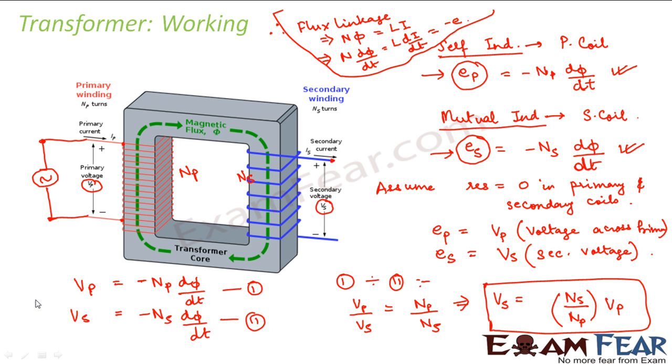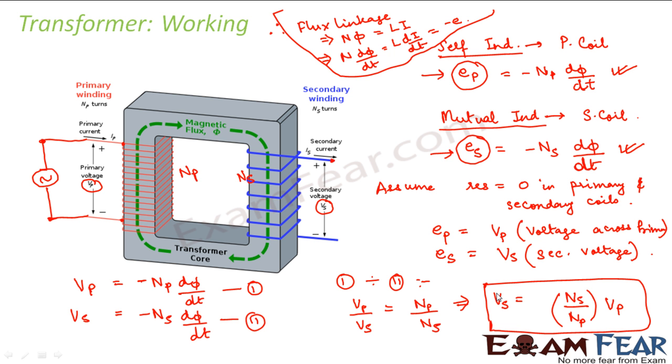Now, one important thing to be noted here is that the power at the input end remains the same as the power at the output end. If I am giving some voltage at the input end and I am getting a higher voltage at the output end, even though the voltage is increasing, the net power has to remain the same.